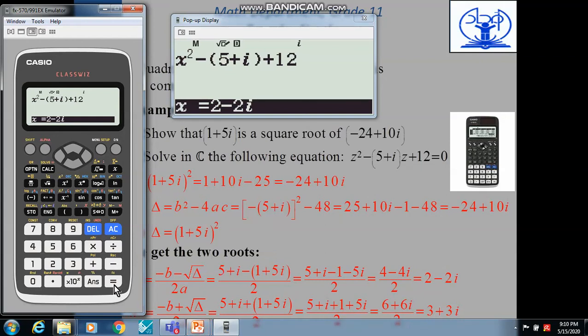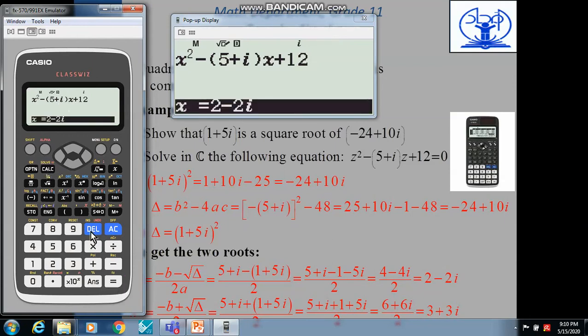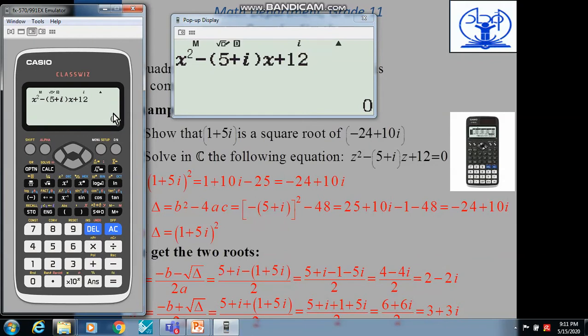Okay, here I made a mistake: I forgot to put x. Let us try another time. Calc, 2 minus 2i, equal, so I get 0.